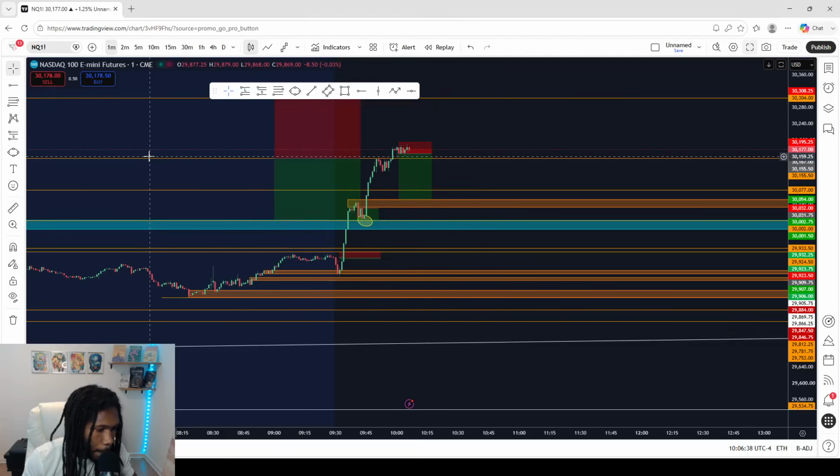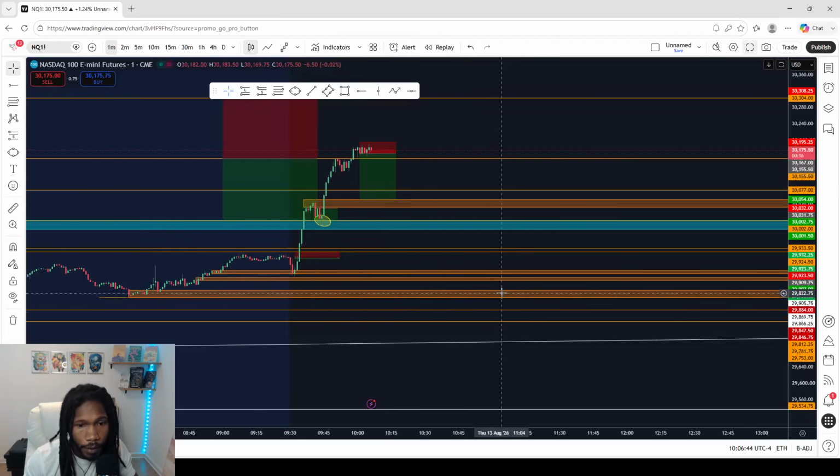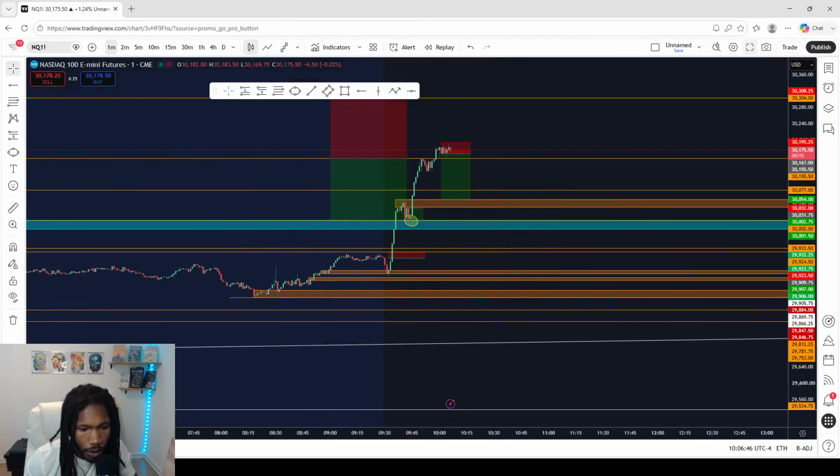It looks like it's finding support around that price. But hey, listen, it is what it is. Sometimes you win, sometimes you lose, but as long as you keep going with your strategy and trust your analysis, it is what it is.